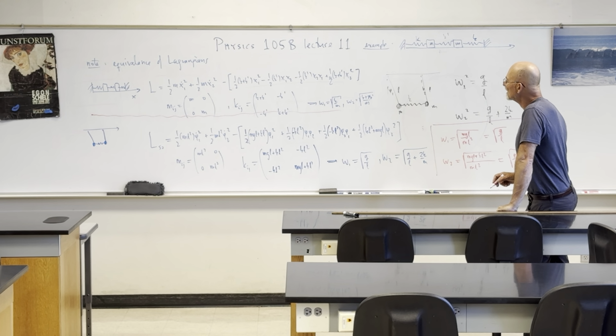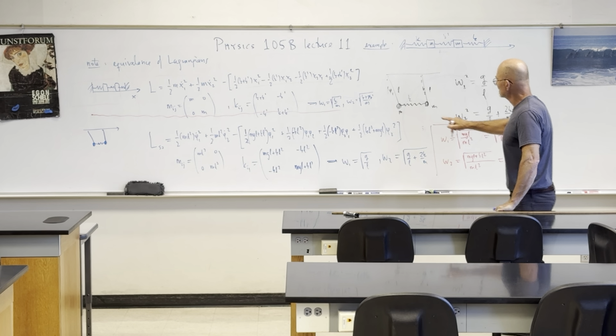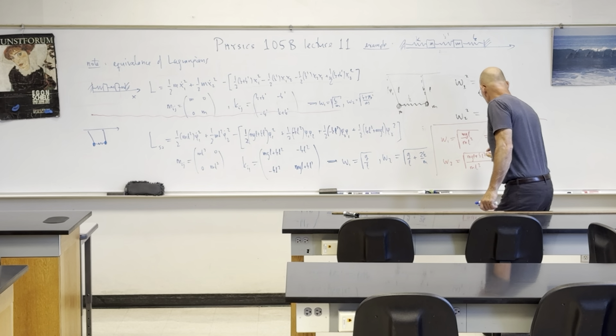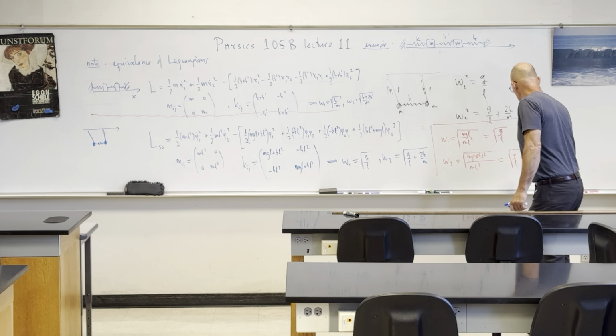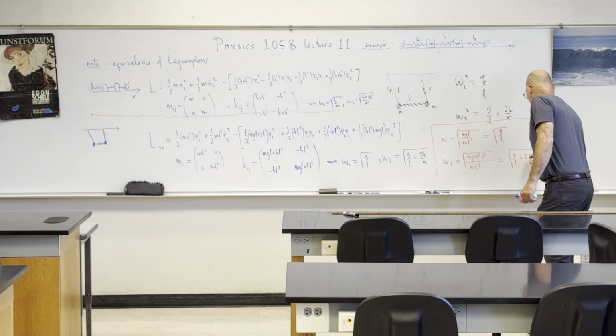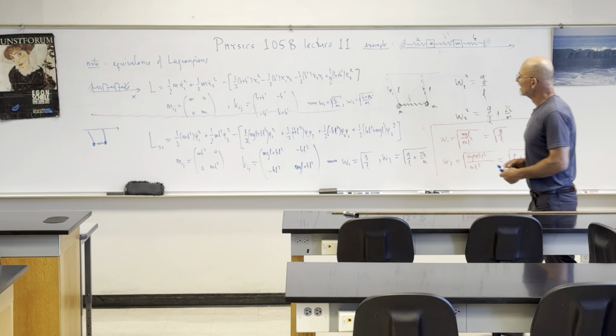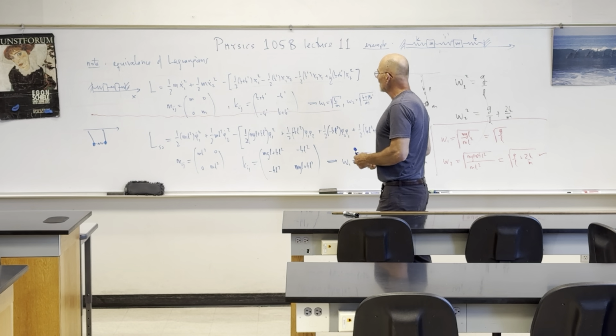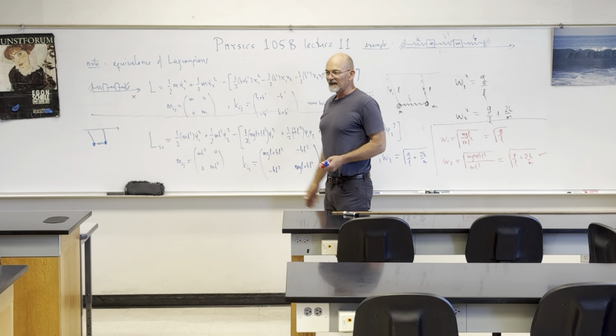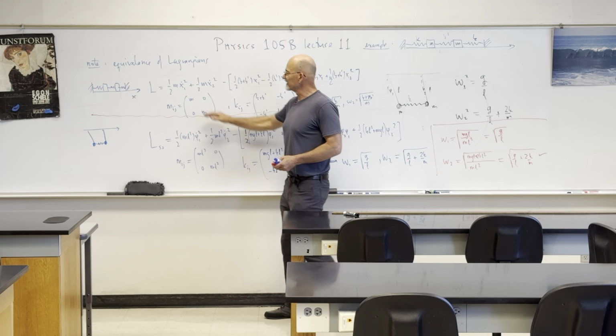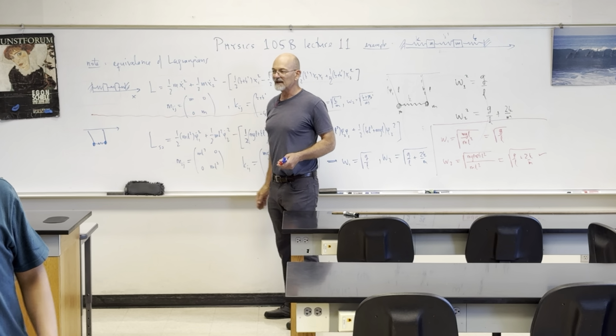Oh, forgot the 2K prime, right? 2K over M. So yeah, just by renaming them. So that's referred to as mapping one Lagrangian onto the other. Right? This is different, this is linear, this is angular, different.